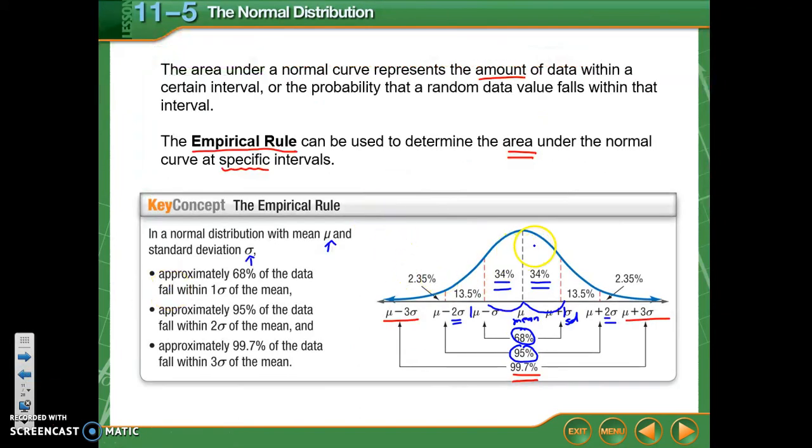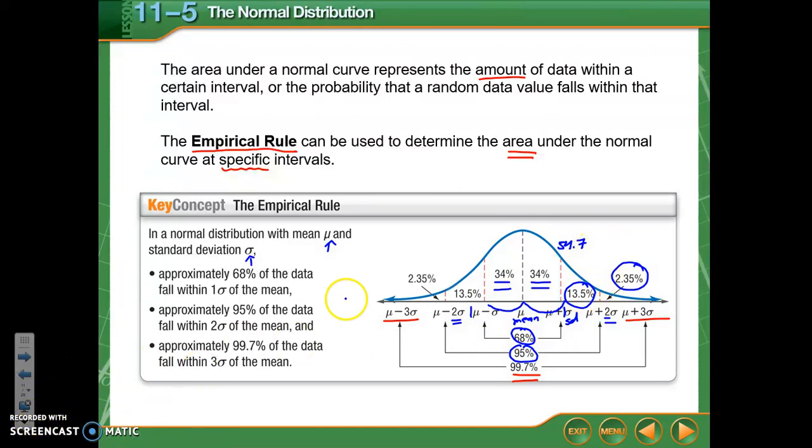So what they're saying is my 54.7 is right here. So if I have 54.7, they're asking how much of my data is greater than that. Well, it's going to be this 13.5% and this 2.35%, and then everything else that's beyond that, right? So notice that only 99.7% is included within 3 standard deviations of the mean.